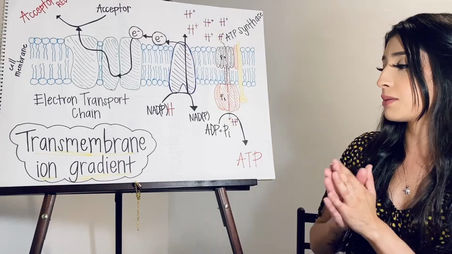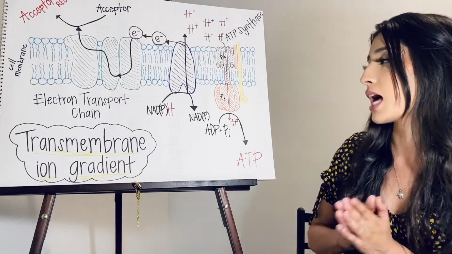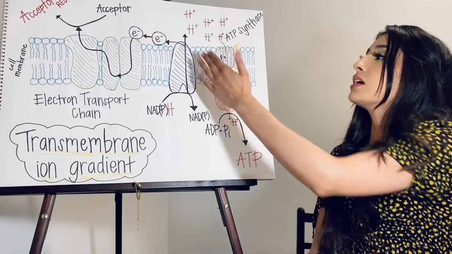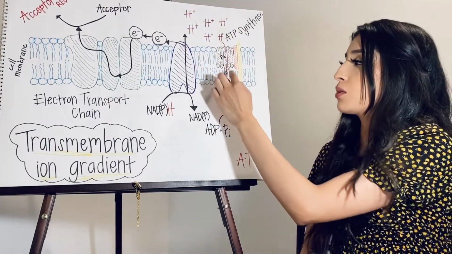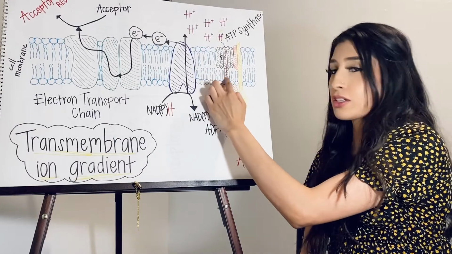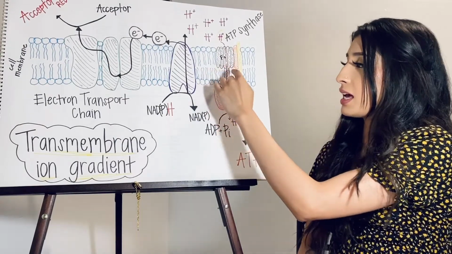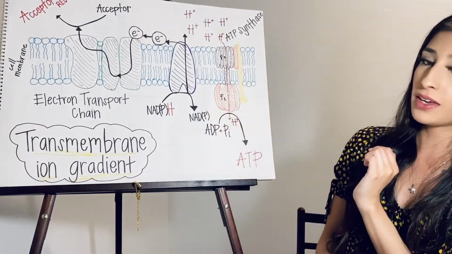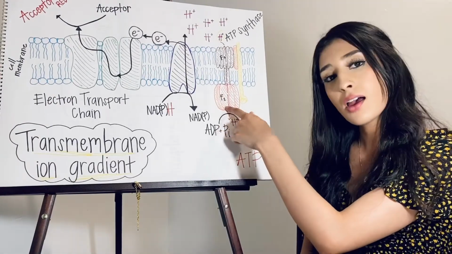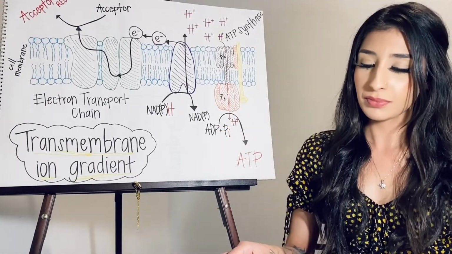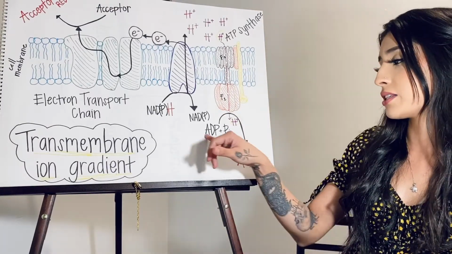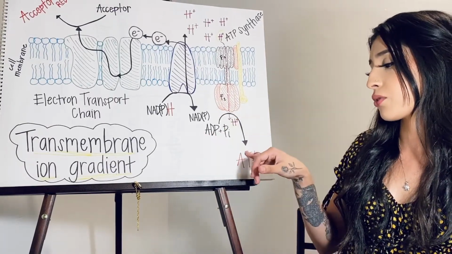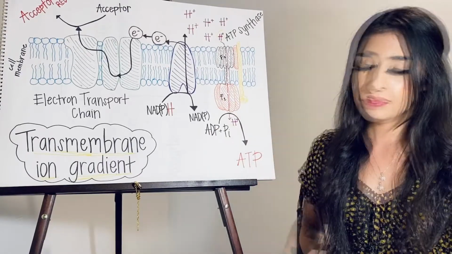Again, let me recap what just happened. The open cavity allows the proton to go down the gradient, which then rotates the axle, and that in turn activates F1, which then allows a phosphate to bind to ADP and therefore create ATP.